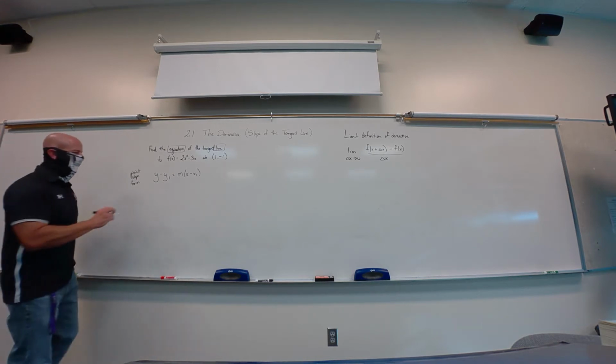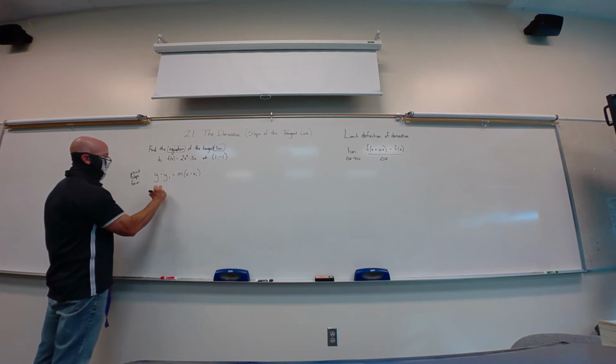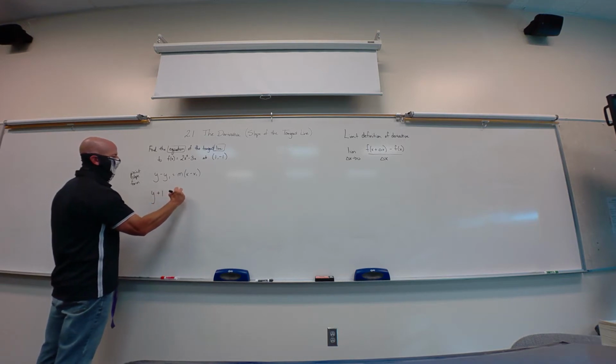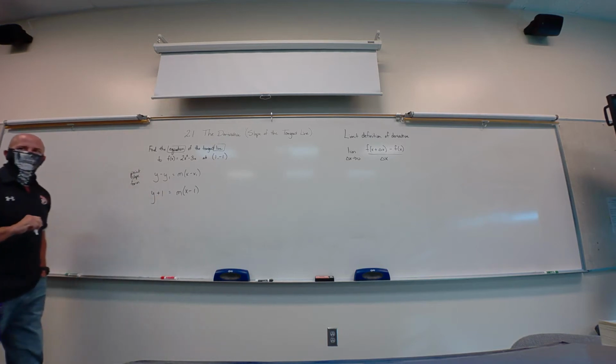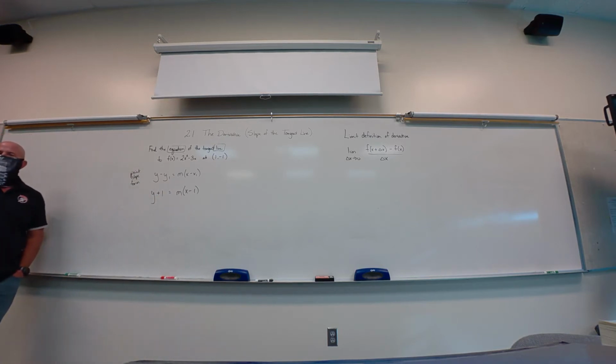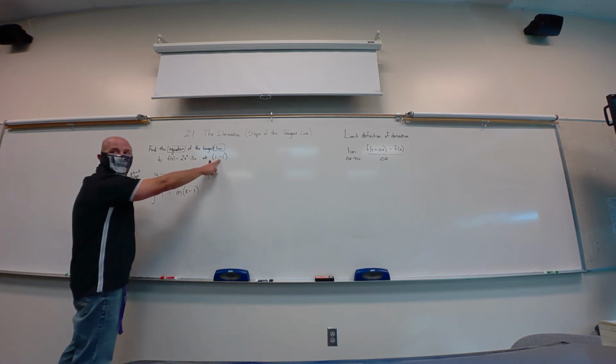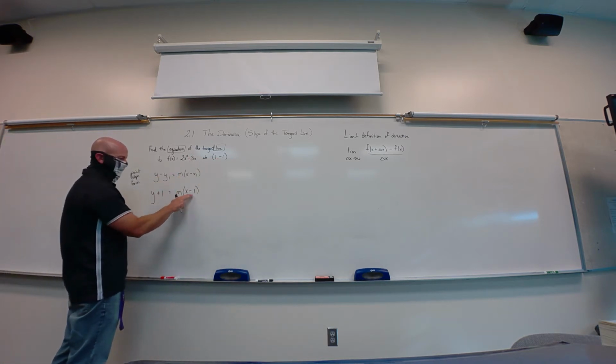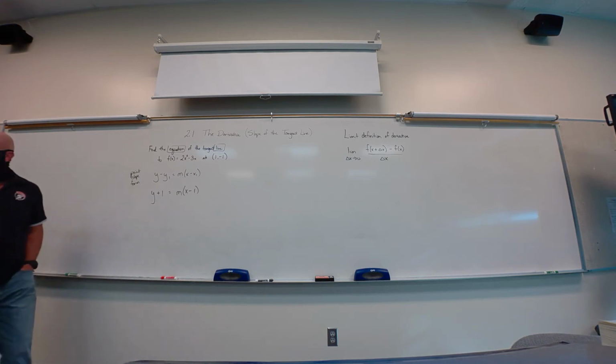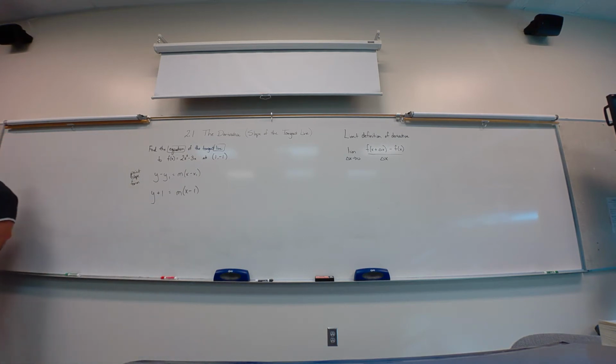So, y plus 1 is m times x minus 1. Why did that one change to plus 1? Because it's minus. Yeah, my y value is negative, right? It should be minus a negative. Agree with that? So I've got an old equation there, old point slope form.